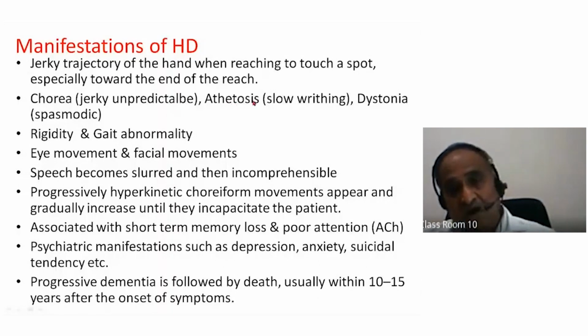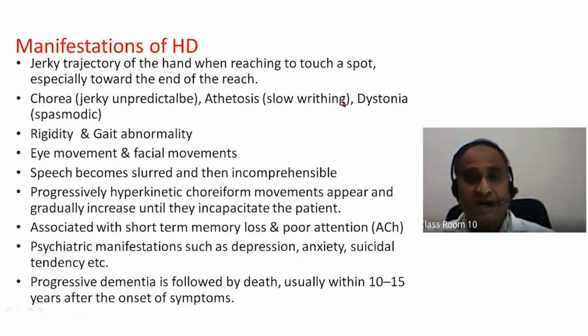Athetosis consists of slow, regular writhing movements of the agonist and antagonist groups of muscles. Dystonia is something like spasmodic contractions of the muscle. All these three will develop.